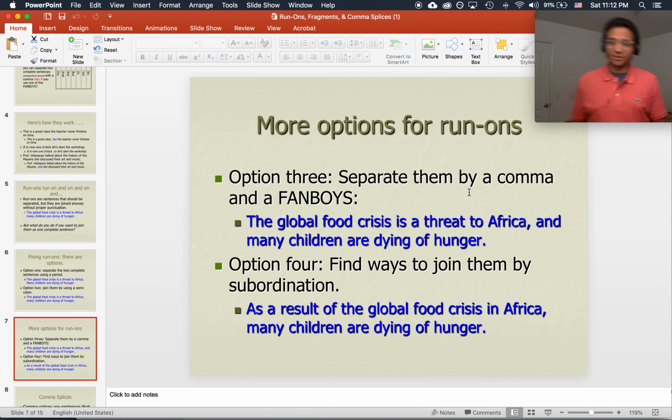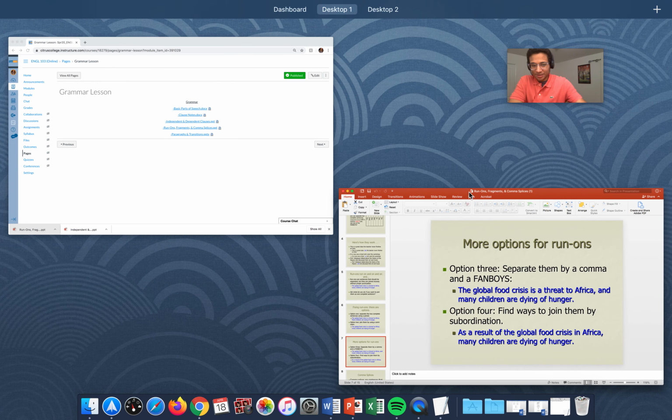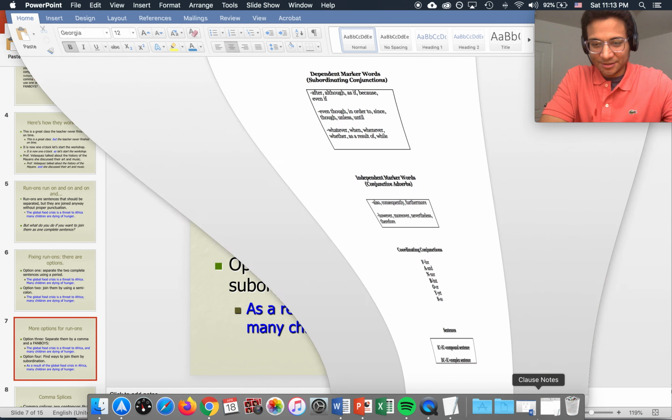Here's our friend, the coordinating conjunction. The global food crisis is a threat to Africa, and many children are dying of hunger. Or, you could join them by subordination. So something like this: as a result of the global food crisis in Africa, many children are dying of hunger. If you're wondering what subordination is, go back to the clause notes.